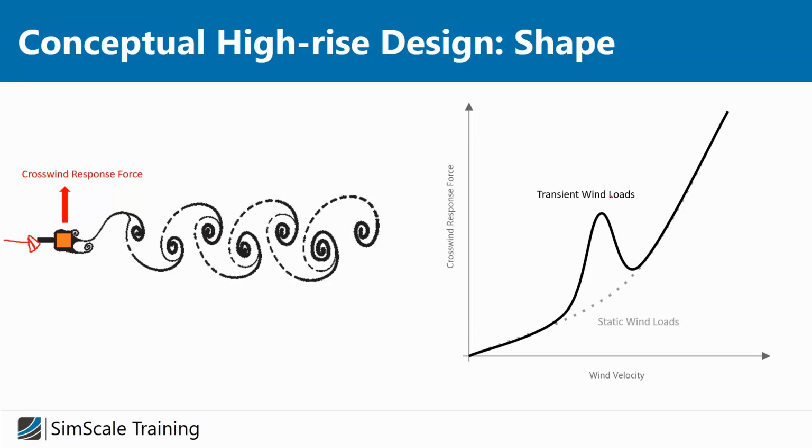If you have a transient wind load or transient flow, you will get a lot of amplifications for defined velocity ranges, which means that it can be necessary to optimize your building for both, and it's a trade-off in the end, because things which are helping to reduce the transient wind load can increase static wind load and the other way around.